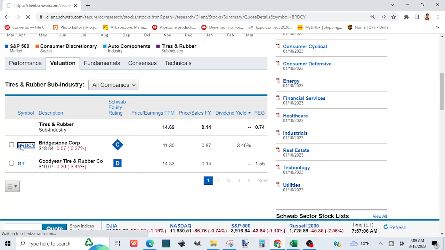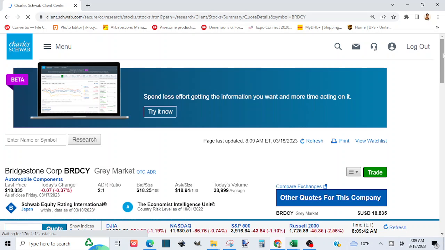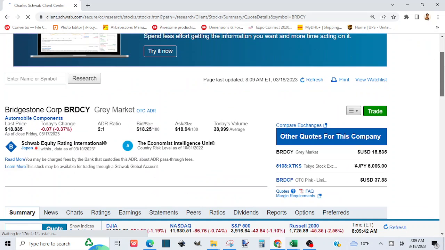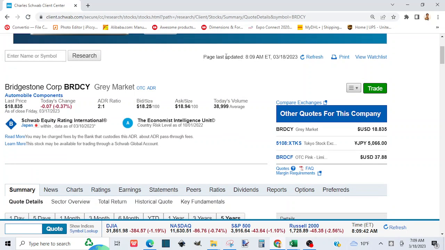I'm going to click on the symbol. When I click on the symbol, it's telling me it is selling on the OTC market, and that's another filter that I will apply.